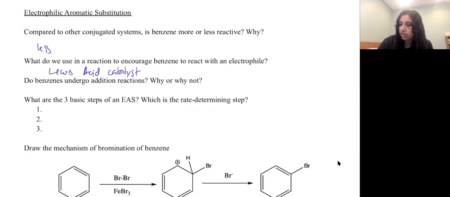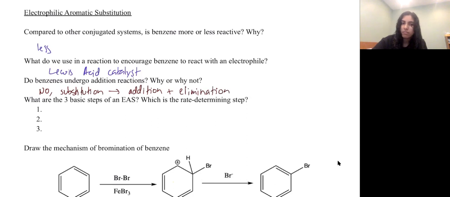And a substitution is an addition plus an elimination. So because you have those two steps of addition and elimination, there's going to be a bunch of steps in a total electrophilic aromatic substitution reaction.